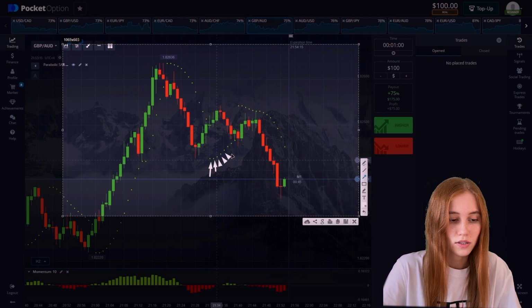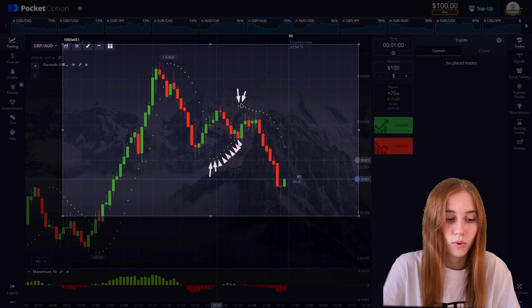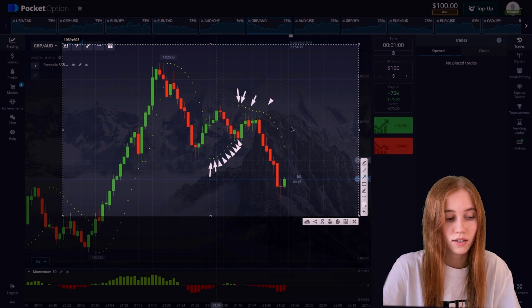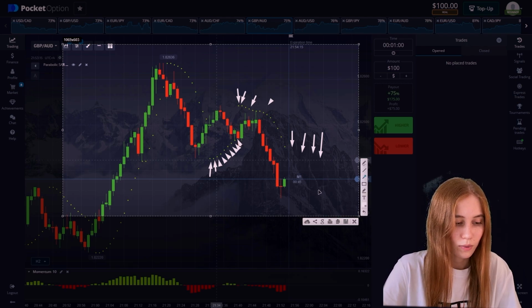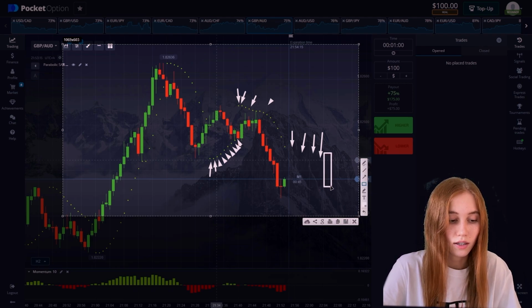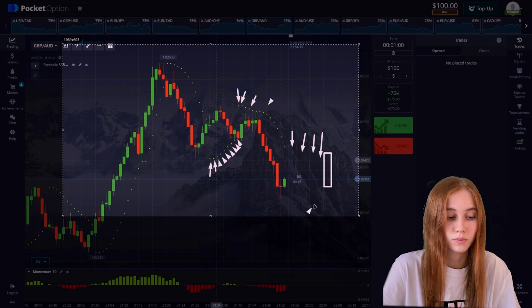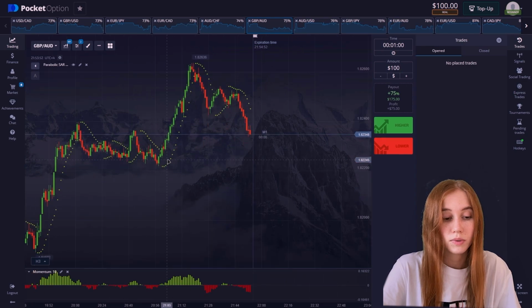You have 1, 2, 3, 4, 5, 6, 7, 8, and here there should have been 9, but since the chart went down, the 9th point was intersected, and after that the dots began to form above. Perhaps there will be a dot here, or perhaps it will not appear because the chart will grow to such a value. So that's, in simple terms, how it works.